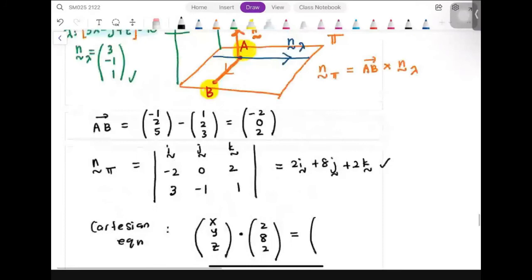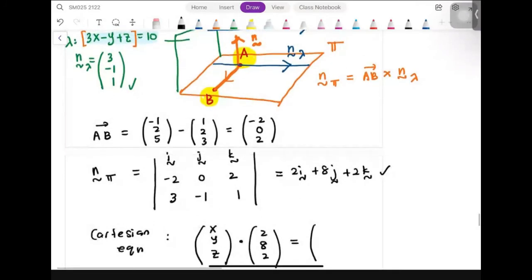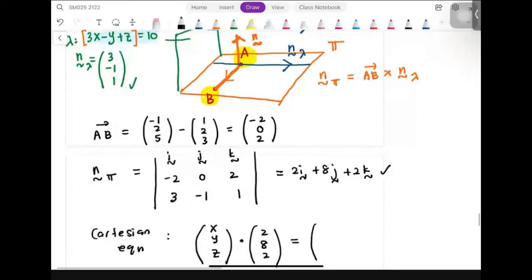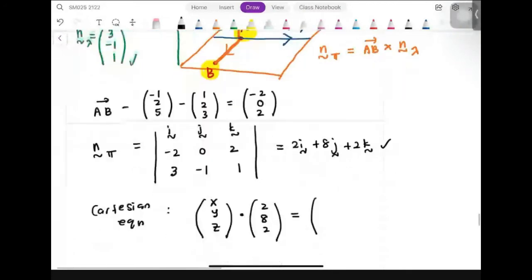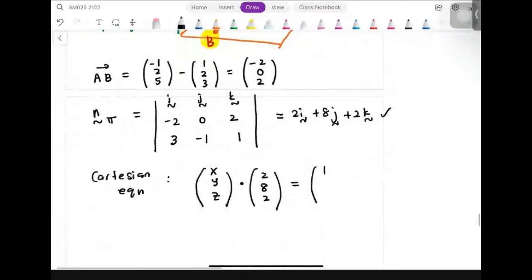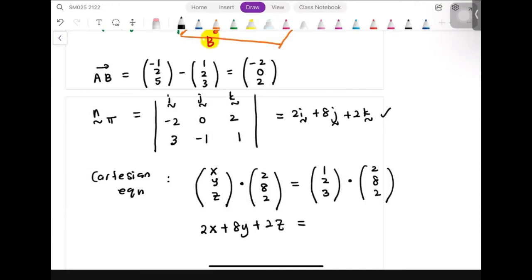Awak boleh masuk point A, boleh masuk point B. Tapi tadi kita buat AB kan, maksudnya saya cari normal dekat A. So, masukkanlah point A. So, point A is 1, 2, 3. Dot with once again the normal. So, 2, 8, 2. So, our answer should be 2x plus 8y plus 2z equal to A dot n is 2 plus 16 plus 6. So, 24.